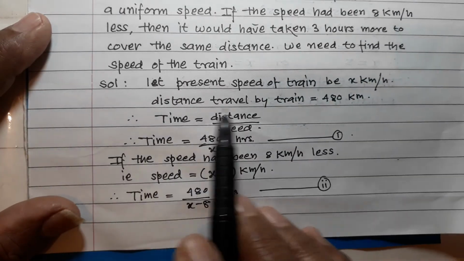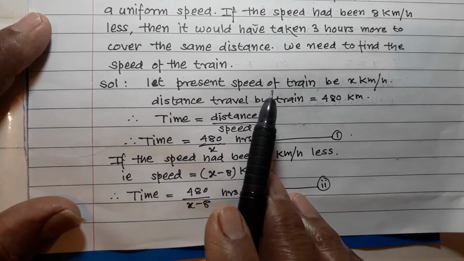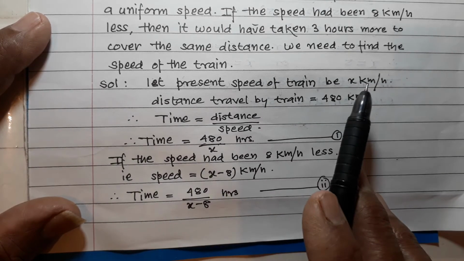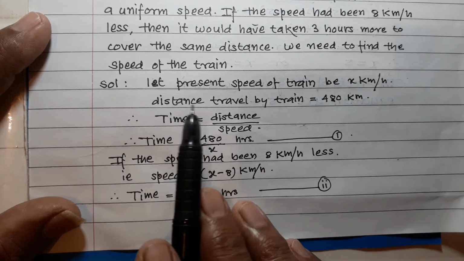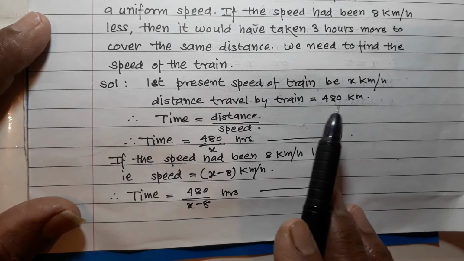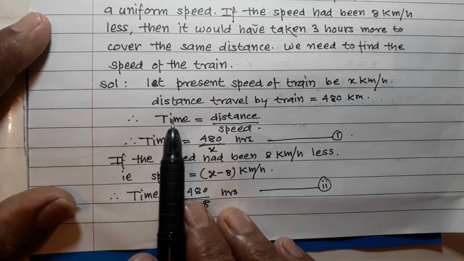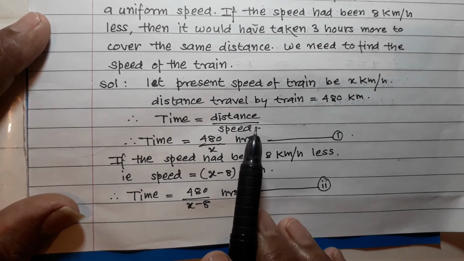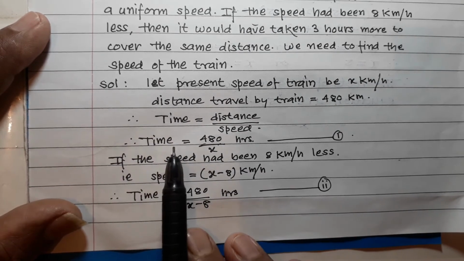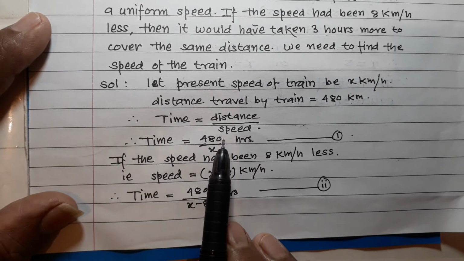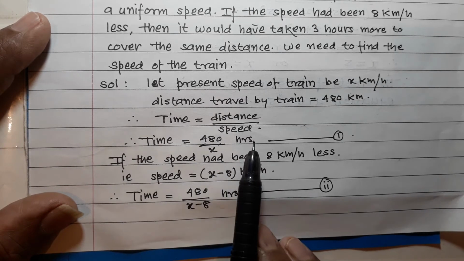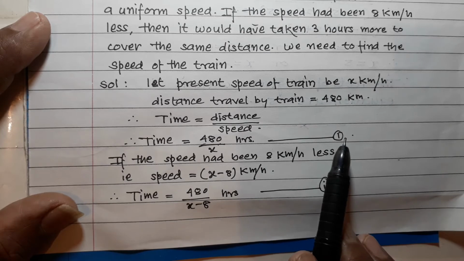Let present speed of train be x kilometer per hour. Distance traveled by train is equal to 480 kilometers. So you know the formula, time is equal to distance upon speed, and therefore time is equal to 480 upon x hours. Suppose this is equation number 1.